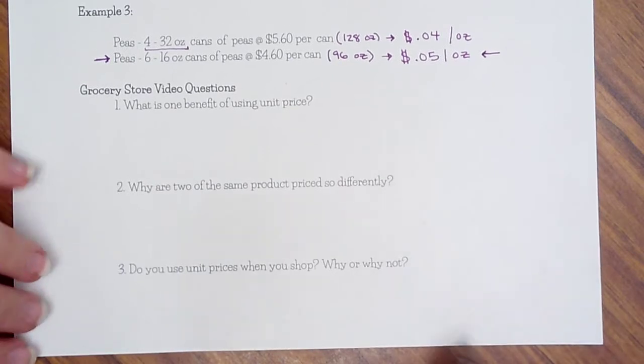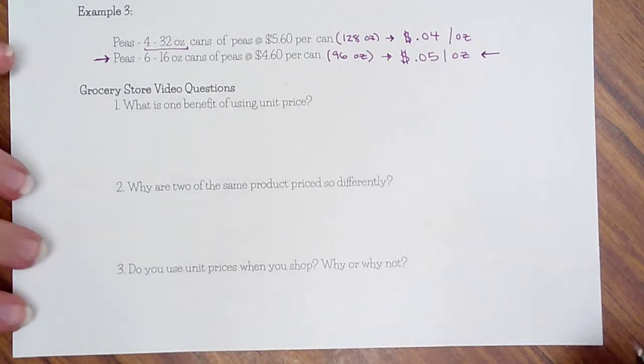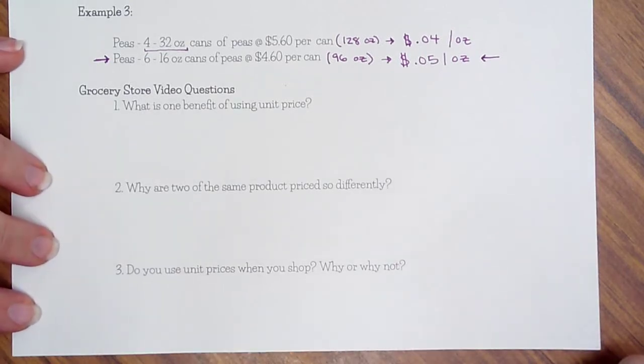So what is one benefit of using unit price? I have linked a video onto the notes for today that I will also be showing in class. You can watch that video and then answer these, or you can kind of just logic your way through them. So what's one benefit of using unit price?